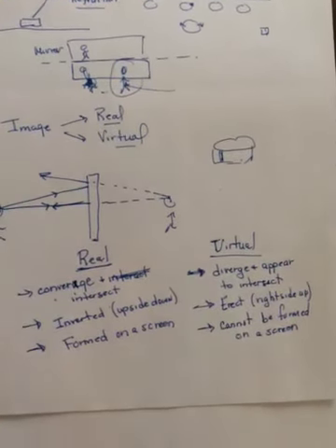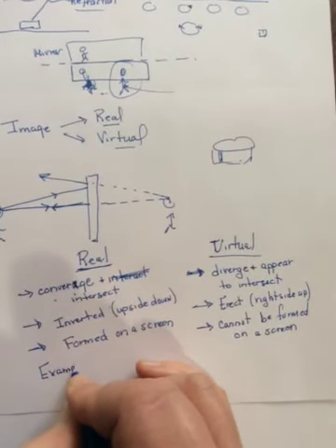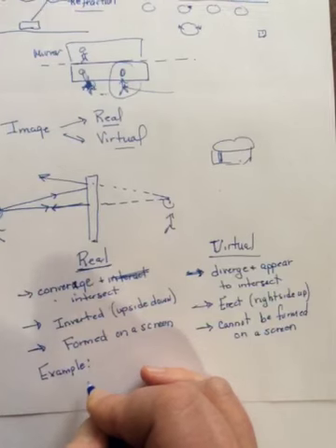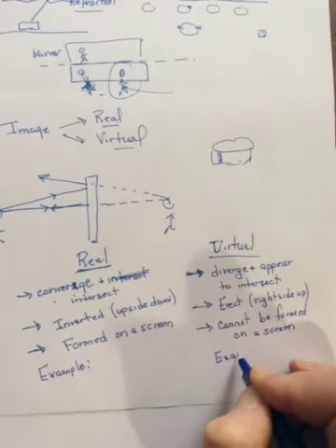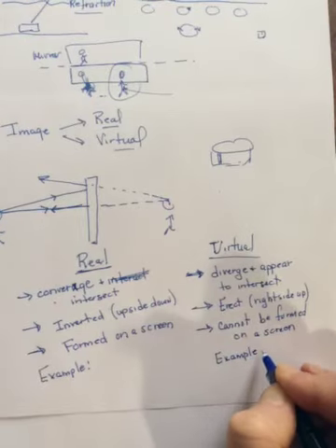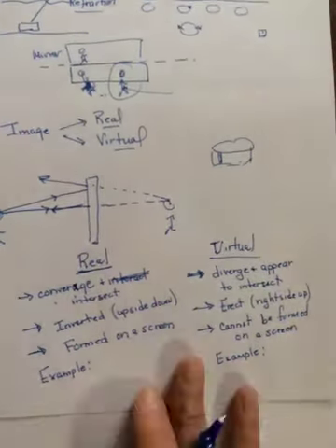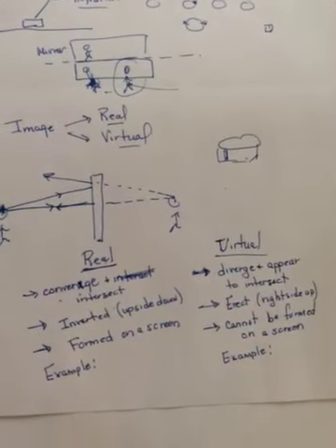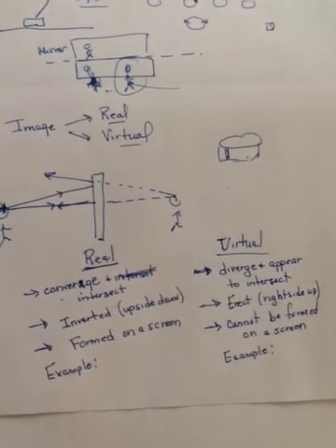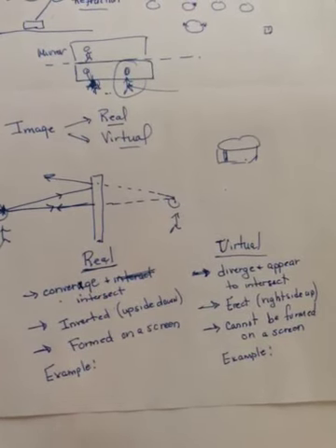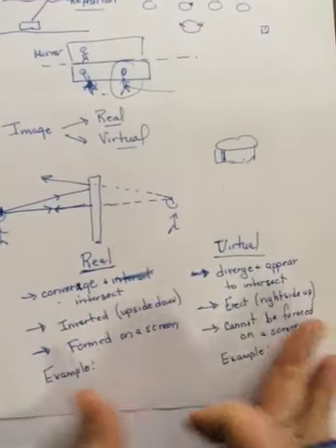Okay, so examples of real images would be overhead projectors, cameras, your eye, and examples of virtual images would be your bathroom mirror. Another one would be a magnifying glass. Those are virtuals. So these are the characteristics for real and virtual images, whether we're talking about mirrors or lenses.